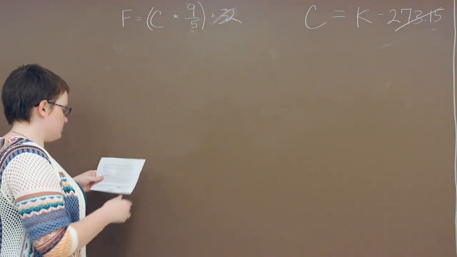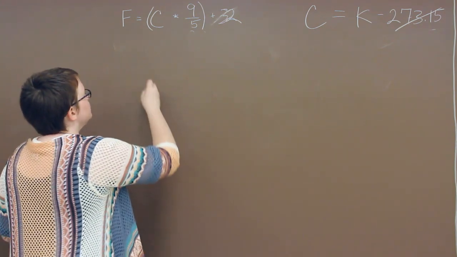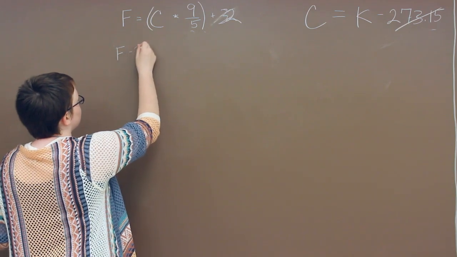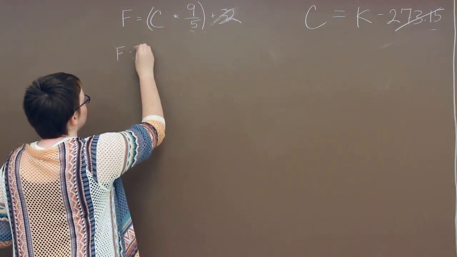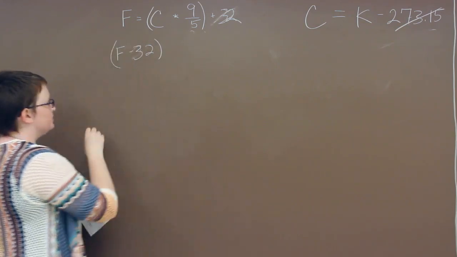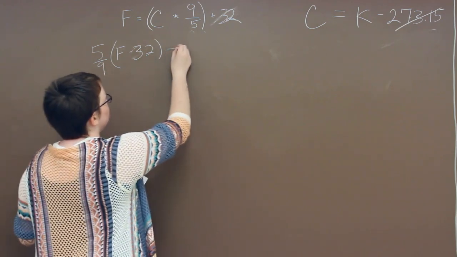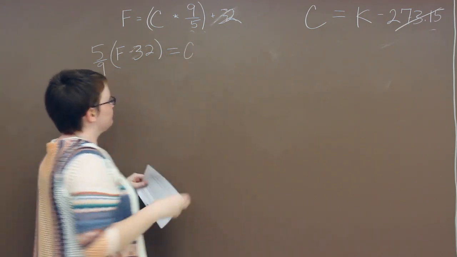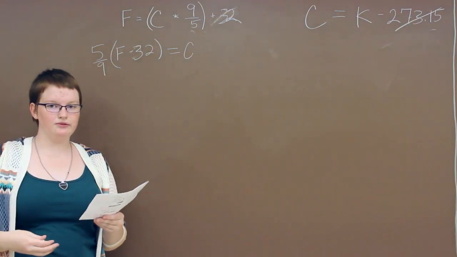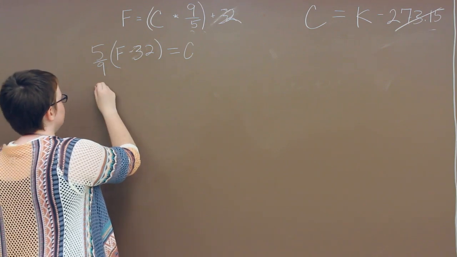The first thing we're going to do is flip these equations again because we start with Fahrenheit. So we'll end up with F minus 32 all in parentheses times 5/9 equaling our degrees Celsius. So we'll plug that in for F.